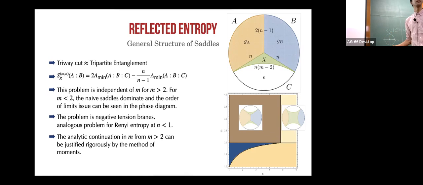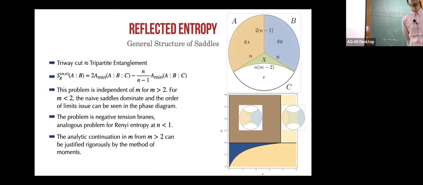Here you can justify it. You do a resolvent trick and argue for that. You're taking all the integer moments and resumming them into some analytic function and showing that that's the same as if you did this. It's exactly analogous to what you would do for the Renyi entropy in a tensor network. I see.